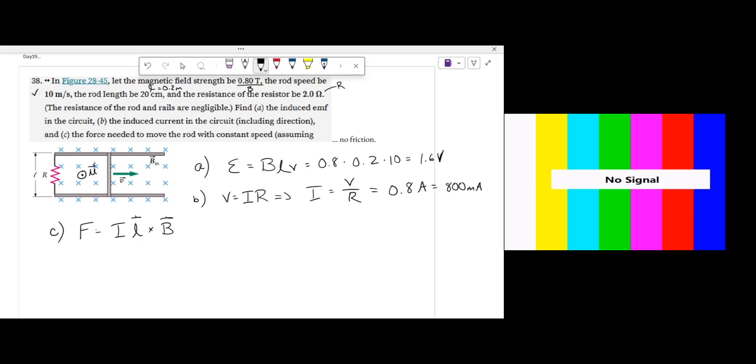And so the question is, in what direction does the current need to be flowing around the square rectangular loop in order to induce a magnetic moment out of the page to counteract this increase in flux going into the page? In what direction is the current flowing?